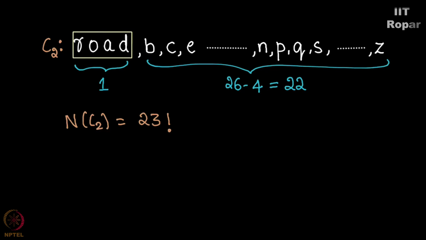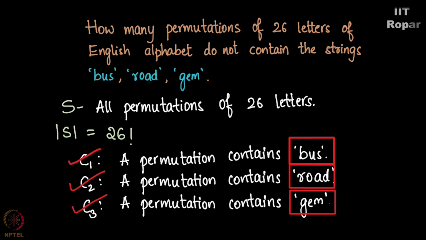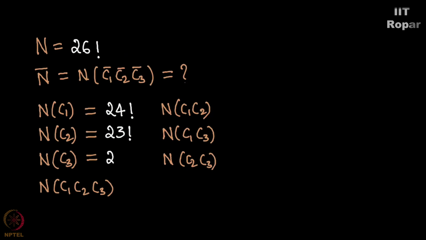So in 23 factorial permutations, you can find that road is contained. So n of C2 happens to be 23 factorial. n of C3, a permutation which contains gem. Such permutations have to be counted. And don't you feel it is the same as bus? It is a 3-lettered word, right? So, again, it happens to be 24 factorial.